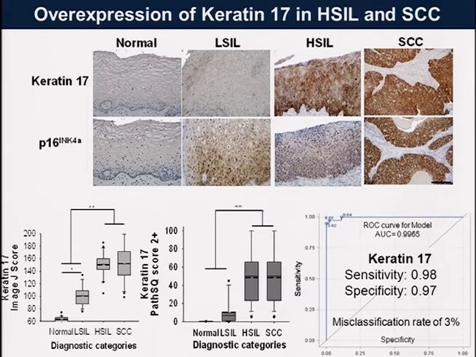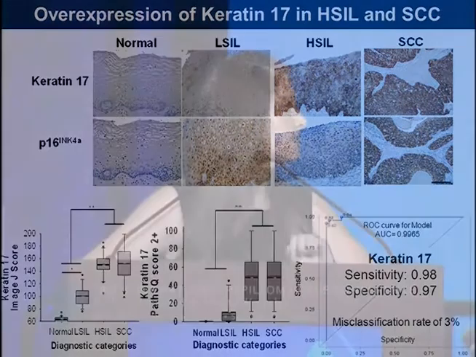From the ROC curve analysis, keratin 17 gave us an area under the curve of 99%, a sensitivity of 98%, and a specificity of 97%, with a misclassification rate of only 3%. So this was encouraging to us.